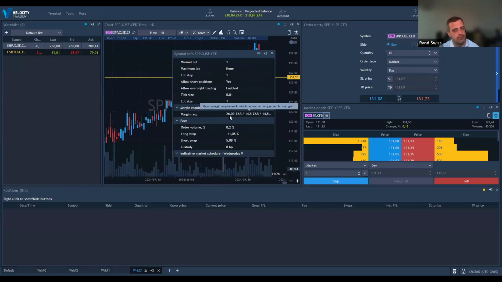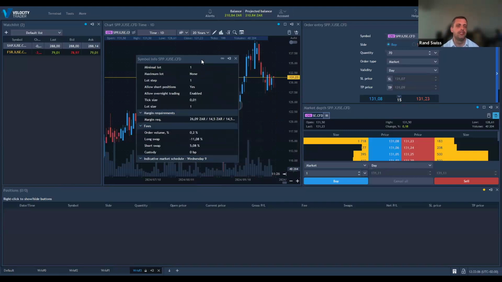So essentially margin amount, when you buy a CFD, well, first, let's say you buy a SPAR equity at the moment, you have to put down the full amount. For every share you buy, you have to put down 131 Rand 23 cents. Every single one. So if you buy 10 SPAR equity, you're going to have to put on 1,312 Rand and 30 cents, the full amount.